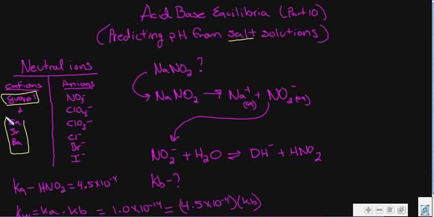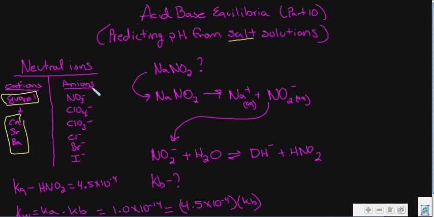But anions over here also don't. And so we have a whole bunch of cations and anions that you have to keep in the back of your mind, as these will not affect the pH. If they're in there, you just ignore them. So here are our anions, and these are the anions that go with all of our strong bases, so these also don't affect the pH at all.